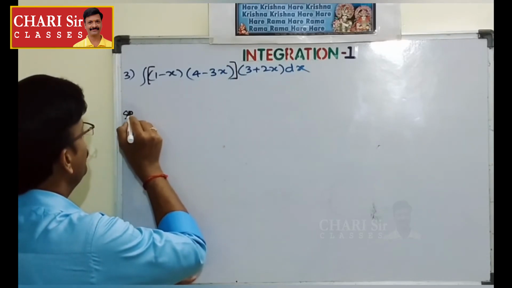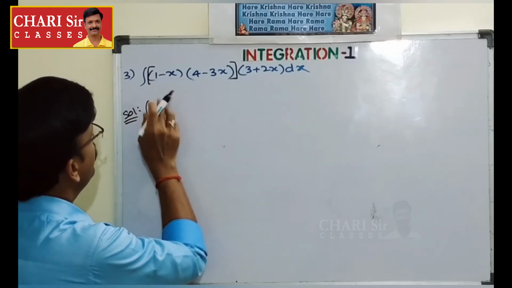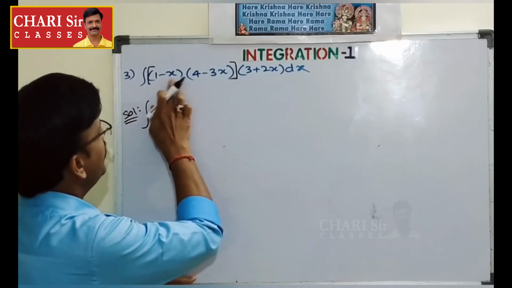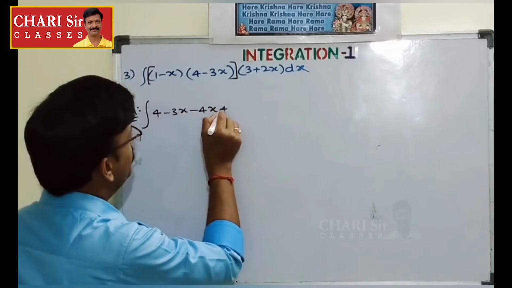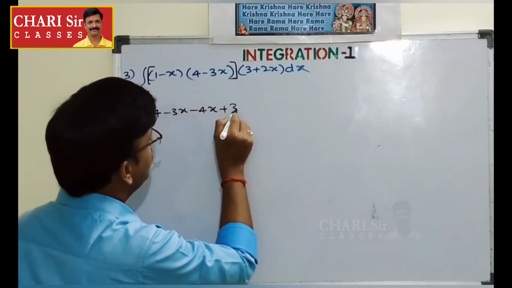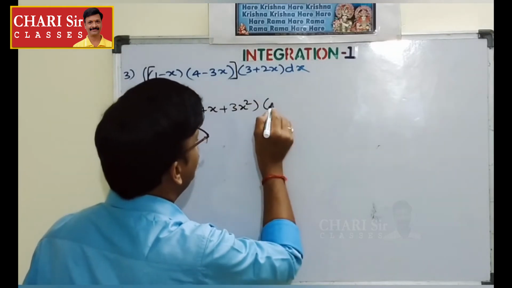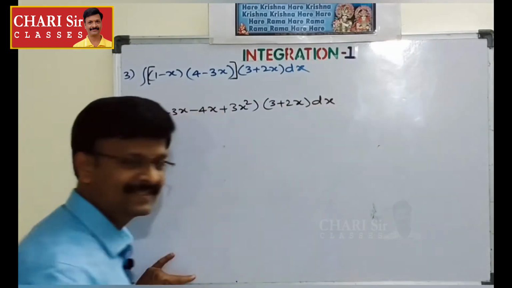So in the solution you can write integration of 1 into 4, 1 into minus 3x is minus 3x, minus x into 4 is minus 4x, minus into minus is plus x into 3x, 3x square. Put the bracket and write down the other term also, (3 plus 2x), this is dx.